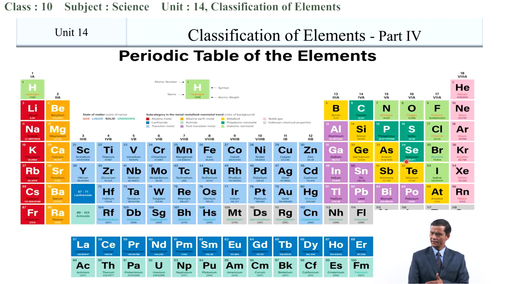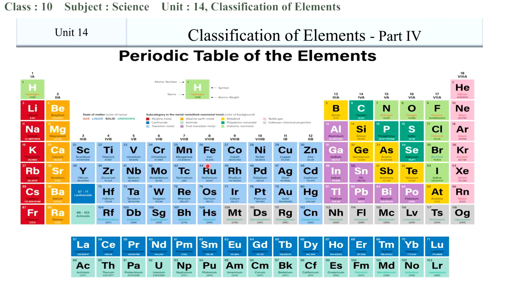For the classification of elements, look here, these elements are represented by different colors. Let's review once again. What does each color represent? Except hydrogen, group 1 is alkali metals, which we discussed in the previous class, and group 2 represents alkaline earth metals.